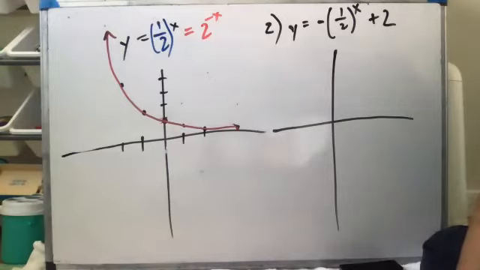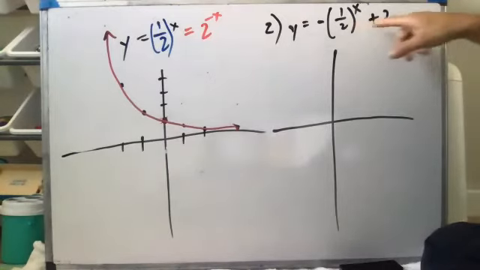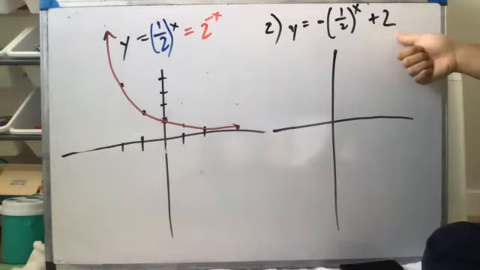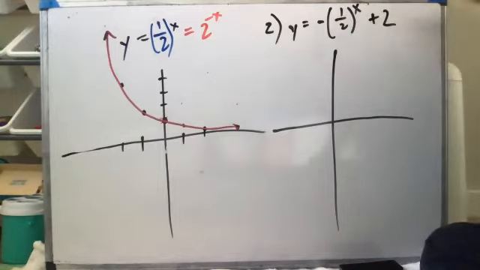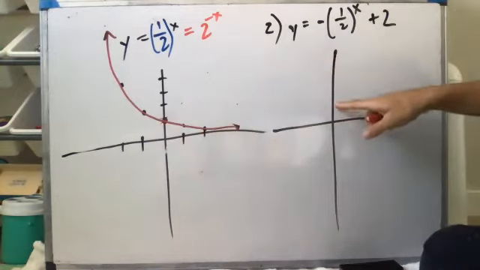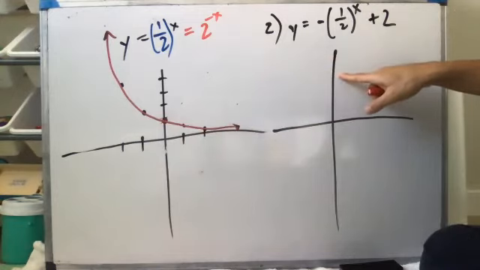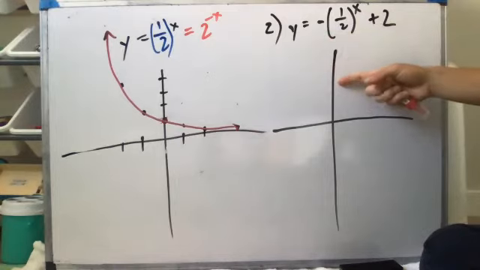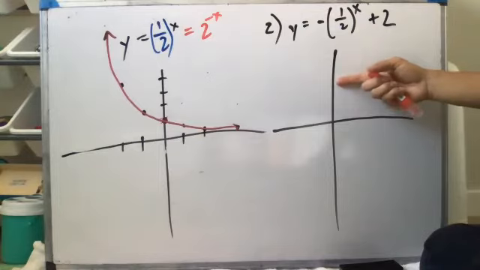All right, so this graph shifts which way? I have a +2, right? So for my original position, +2 means I'm going to shift up. So from this starting position of 0, 1, it's going to shift 2 up. And then a negative in the front, that means it's a reflection over the x-axis this time.